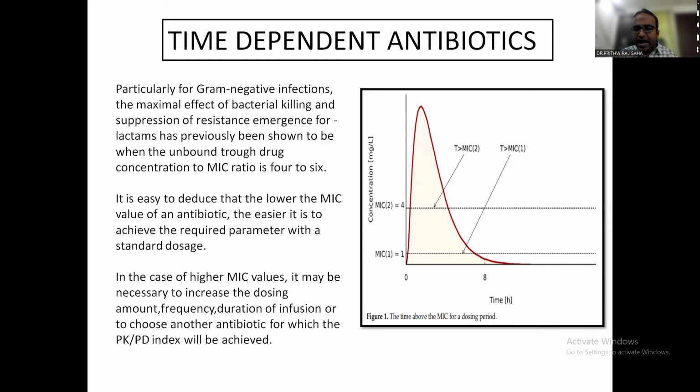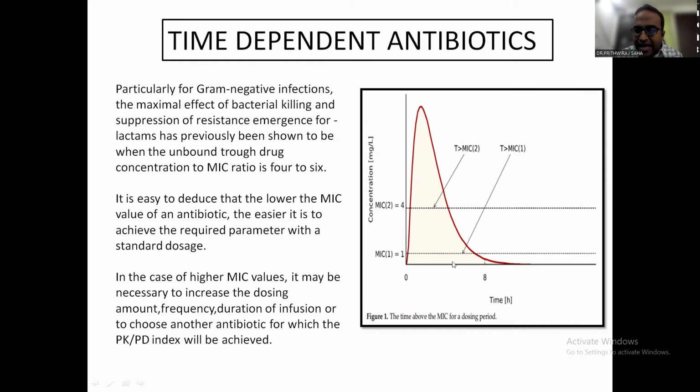So suppose we take a drug for which Klebsiella shows an MIC of 1. If we give the drug, as the MIC is very low, there is a sufficient amount of time above the MIC.